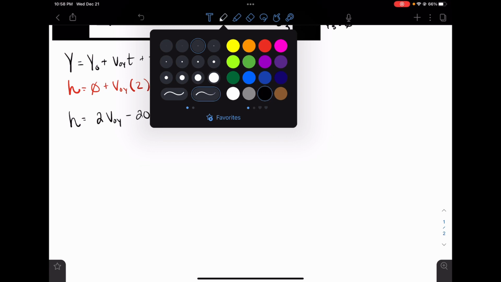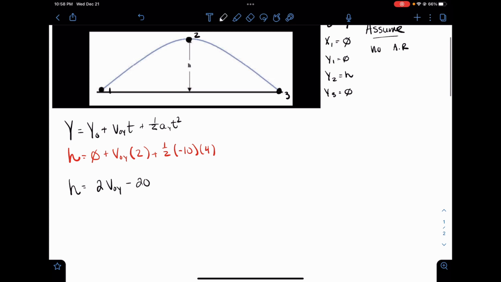So if we look at what we have, we don't really have any information in the x direction, so we're probably going to use another y equation. The kinematic equation that we're going to use is v equals v naught plus acceleration times time.